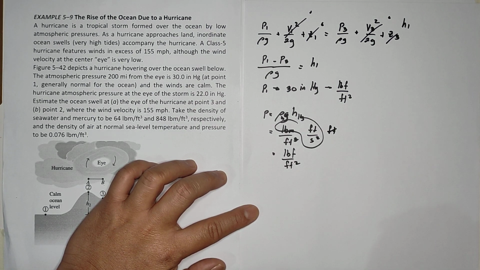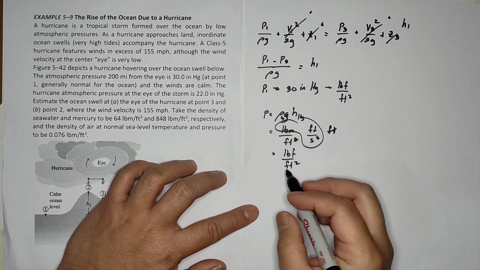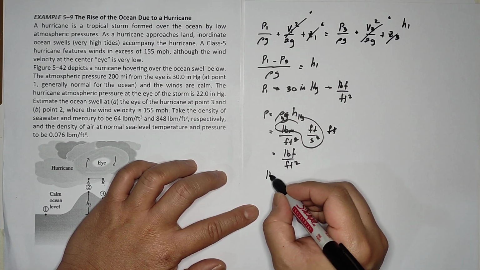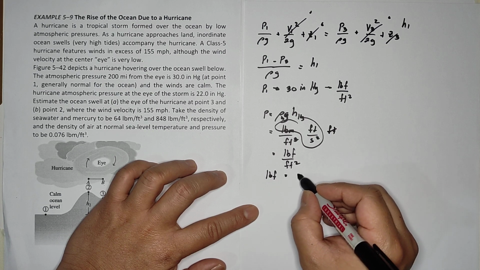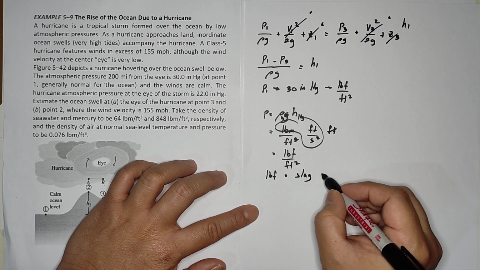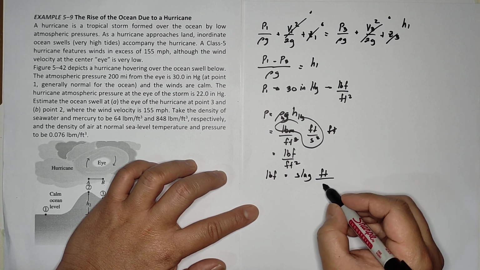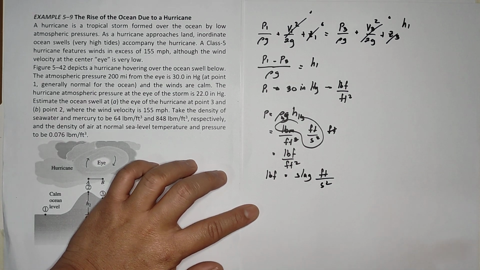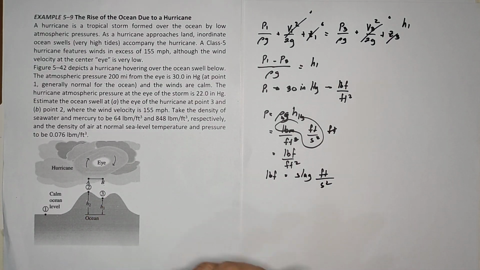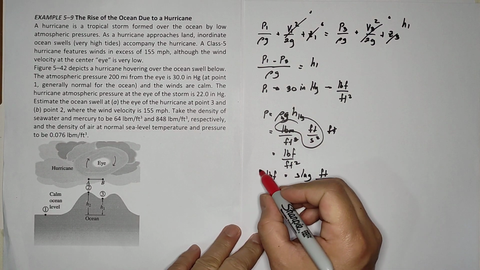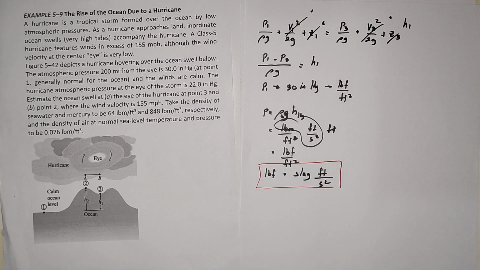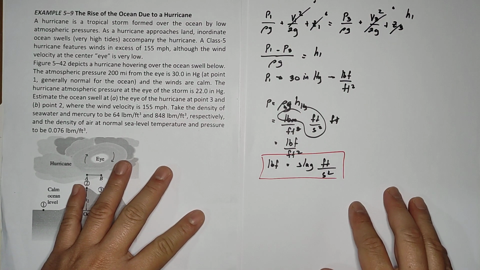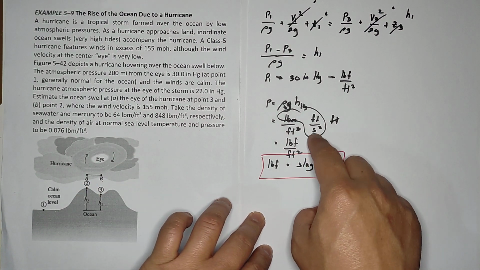Because pound force is equivalent to slug feet per second squared. So remember this conversion, and don't be mistaken here.